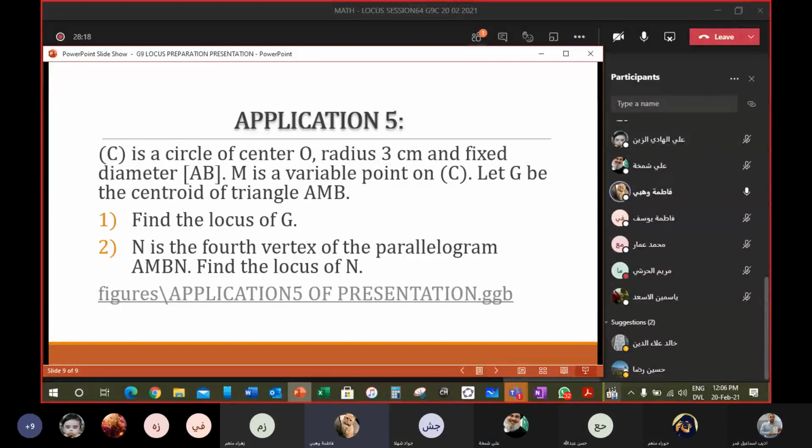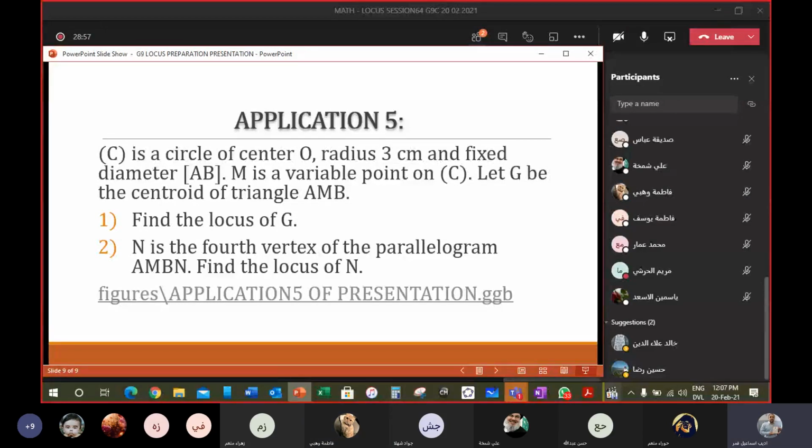C is a circle of center O, radius 3 centimeters and fixed diameter AB. What are the fixed points here, Fatima? AB, and others. AB, right. What else? O, because O is the midpoint of AB, so A, O, and B are fixed points.